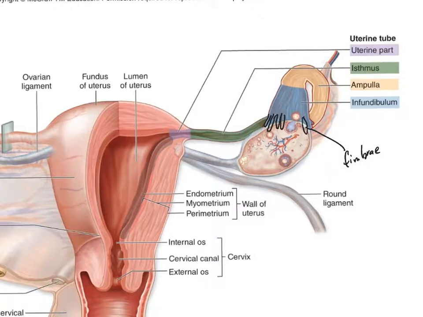Then it funnels together and shortens and gets a little less diameter. We call that the ampulla, and it rotates around. Then the isthmus extends towards the uterus, and then you have the uterine part, which really extends into the uterus. That is the whole fallopian tube or uterine tube, also known as oviduct. They're all synonyms for the same thing.